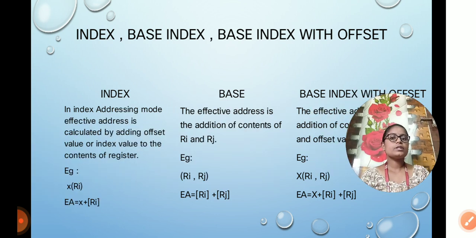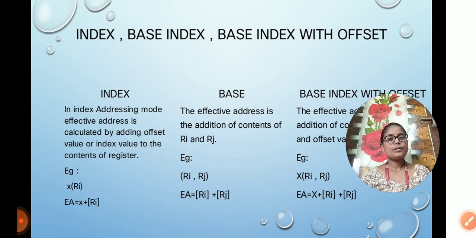Then there is the index addressing mode. In index addressing mode, the effective address is calculated by adding an offset value or index value to the contents of a register. Here X is the offset or index value. The contents of the register are added to the offset, and that address is the effective address. From that address we are fetching an instruction or data to perform an operation.